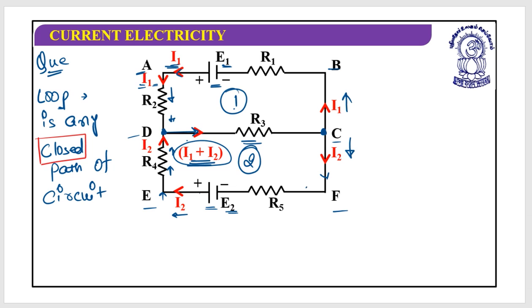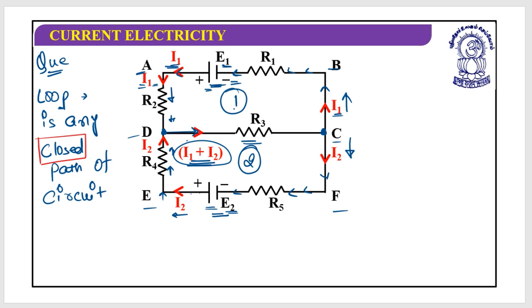So I2 will continue to move in this direction and will be available here, and I1 is moving in this direction and is available at this point. Always understand that whatever amount of current has left any source, if the same amount of current is coming back to the source, that means you have divided the current in an appropriate manner.